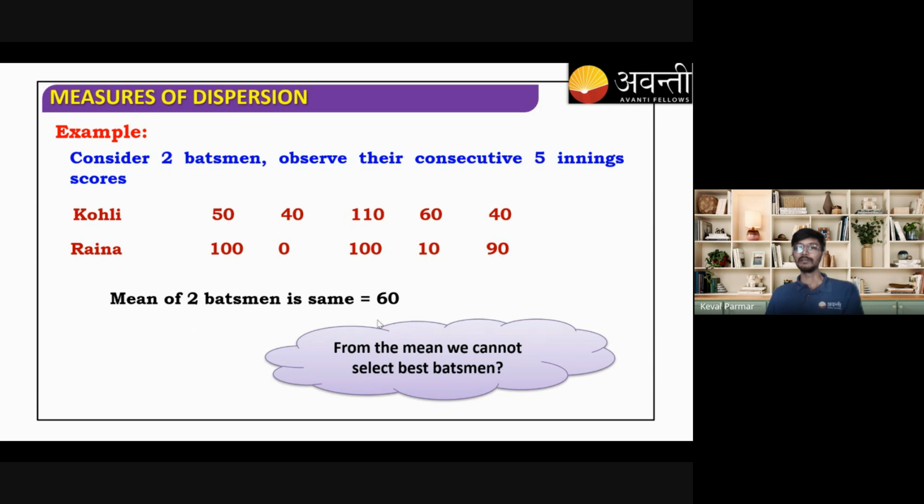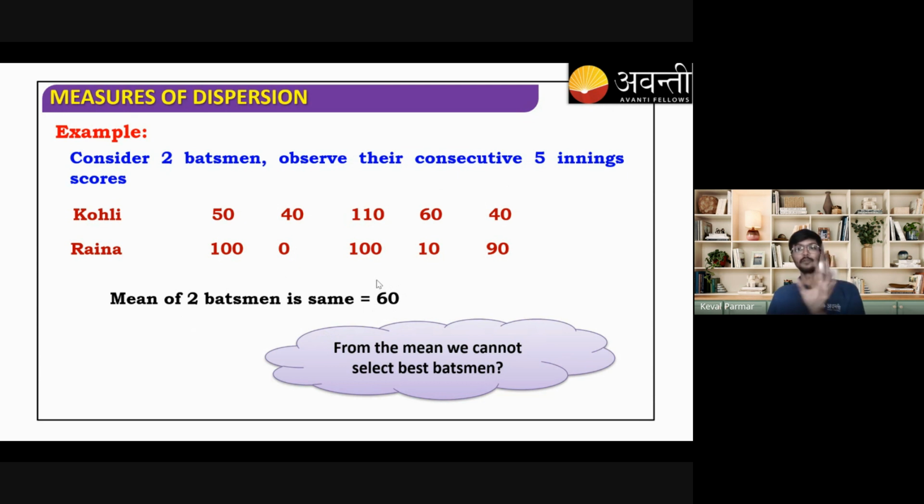Because both of them have the same average. So this is an incomplete analysis of the data. For that, now we need to know who is more consistent, or who is scoring consistent runs throughout the innings.